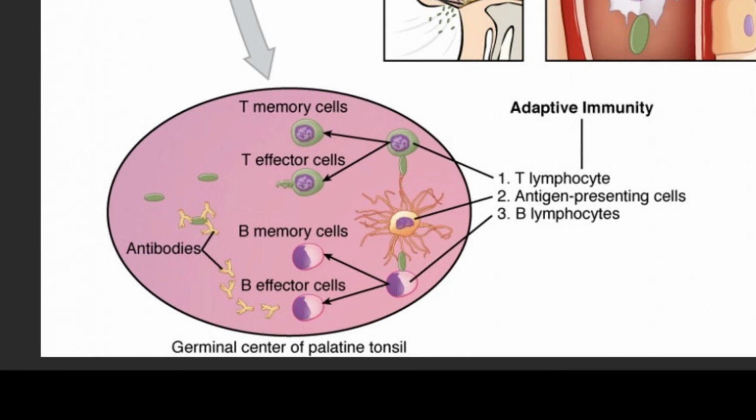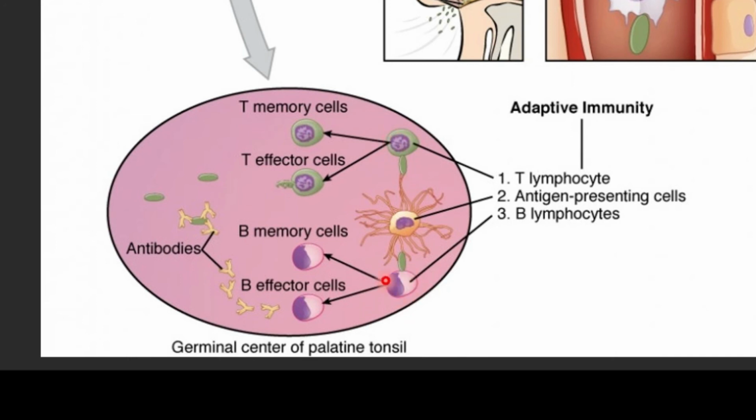So here you have in the tonsil all of these naive immune system cells hanging out there, right? So that macrophage is going to phagocytize the antigen and bring it to this area in the tonsil, which kind of doubles as a lymph node, and it's going to interact with naive T lymphocytes.